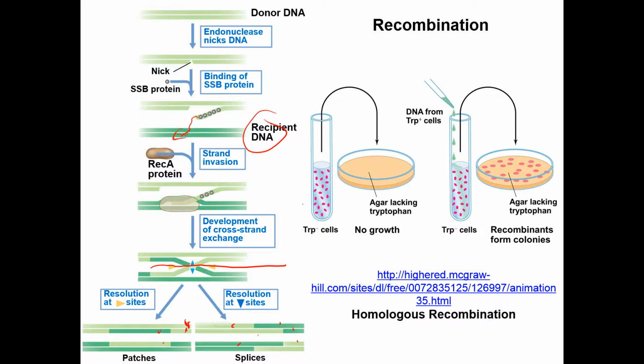It's recombined with the bacterial cell DNA, and as a result, you get recombinant bacterial cells that are able to produce tryptophan now. So now they're tryp plus cells. All these recombinants become tryptophan producing cells, or tryp plus.